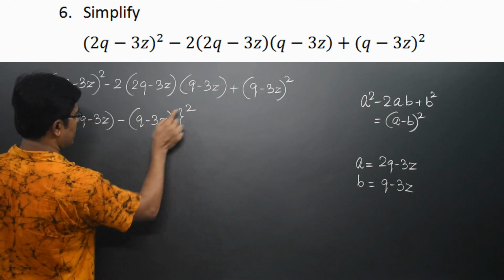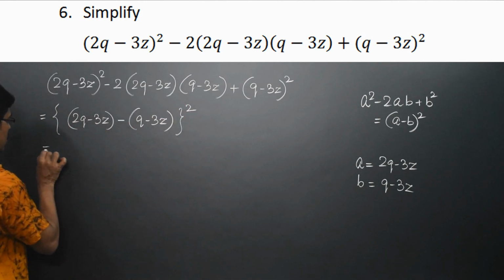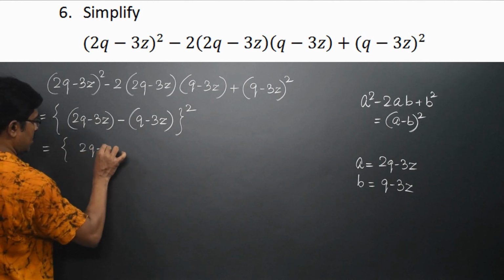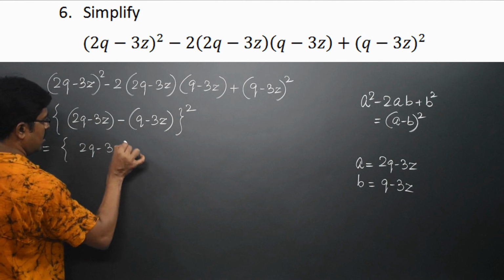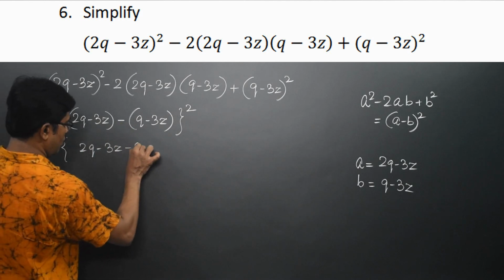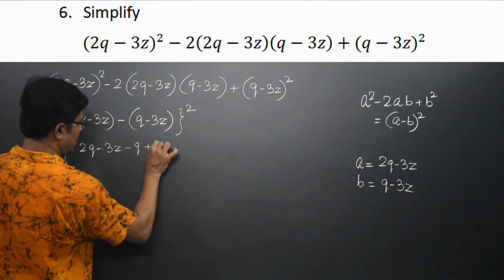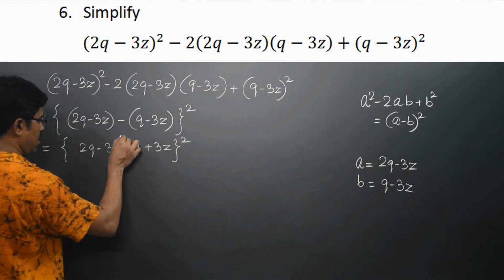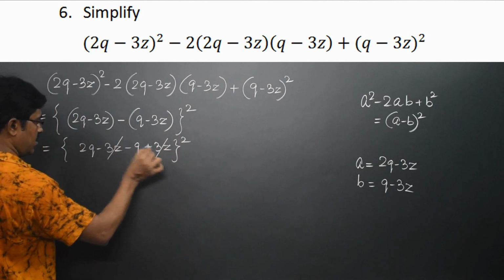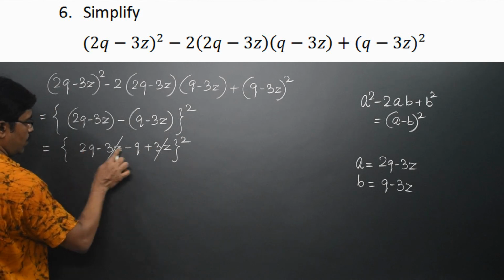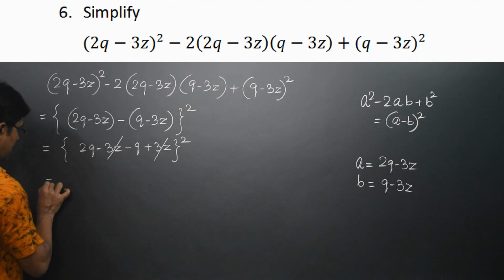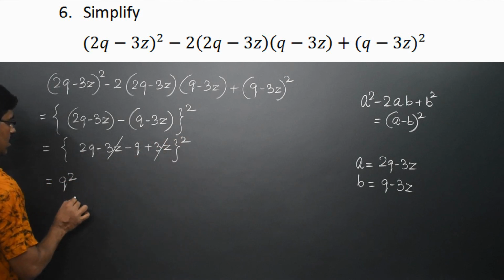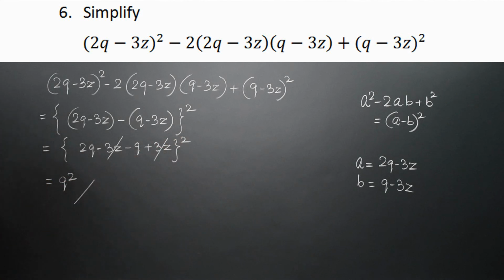It is equal to 2q minus 3z minus q plus 3z whole square. Minus 3z plus 3z cancel, and 2q minus q is q, so we get q square. This is the simplified result.